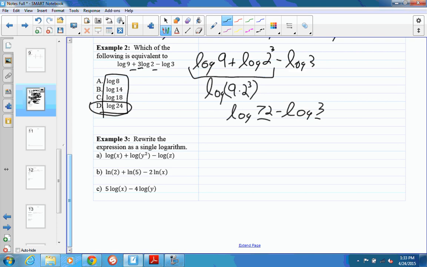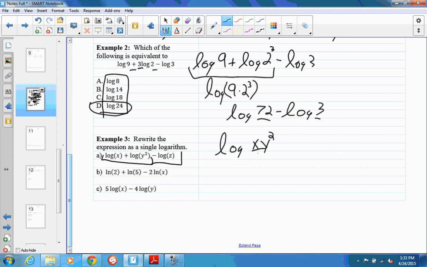So what's going to happen with these? That's going to become log of what? Log of x plus log of y squared becomes log of x times y squared. And then this whole thing is minus log z. So what do I do with z?